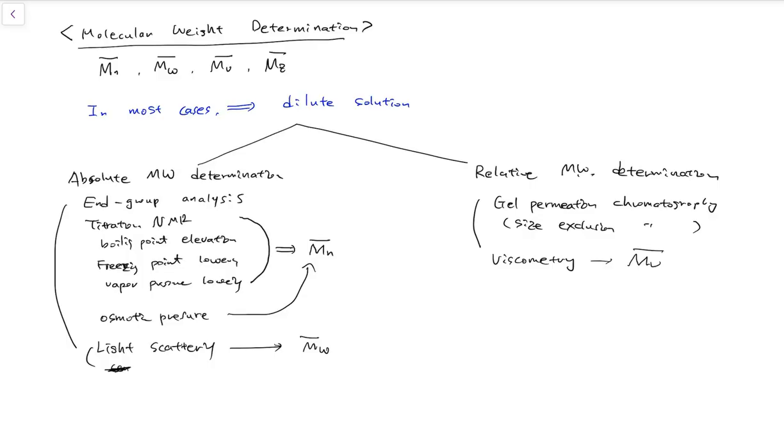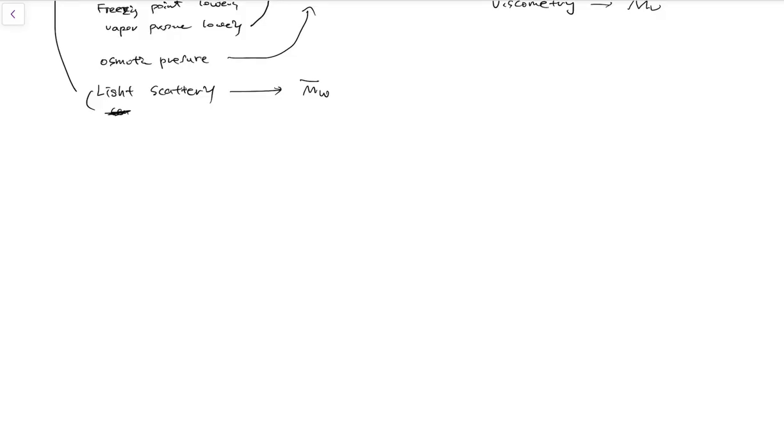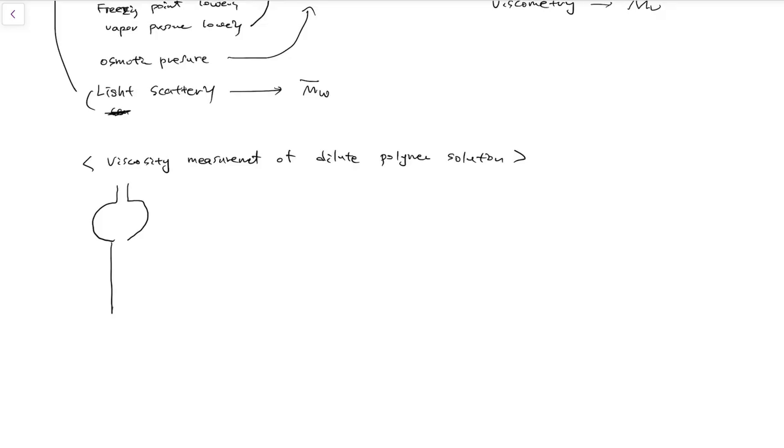All right, so let's see some details about these relative molecular weight determination methods. The first is viscosity measurement, viscometry, which is basically viscosity measurement of a dilute polymer solution. To do that, we use this kind of tool.